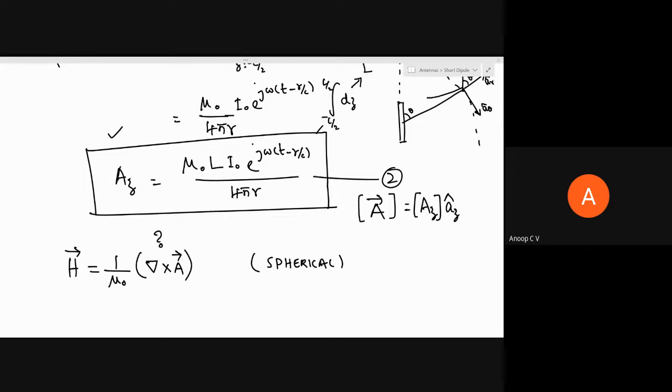Please do type. Can I go ahead, or should we pause here for some time for you to digest it? Next, I'm going to tell you the expression for curl in spherical coordinate. Then we'll see which components H has.